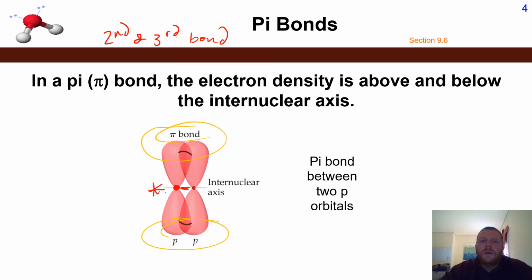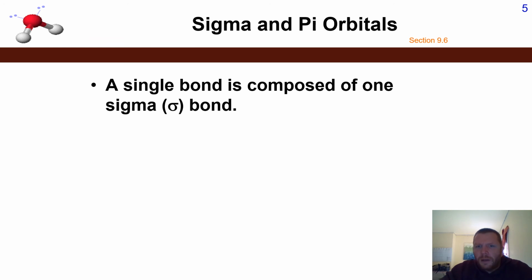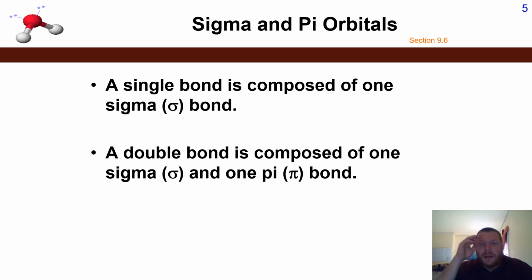Okay, so as we go on from there, when you talk about sigma and pi bonds, a single bond is composed of one sigma bond, hence why I described it as the first bond. A double bond is composed of one sigma bond, your first bond, and one pi bond.